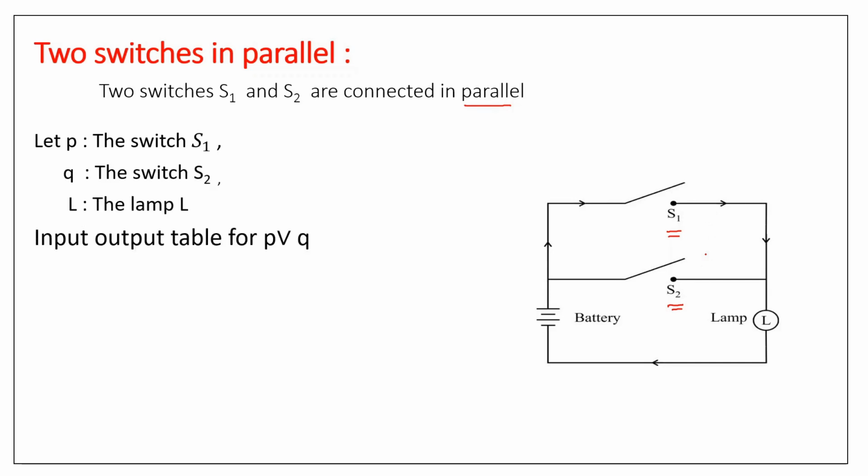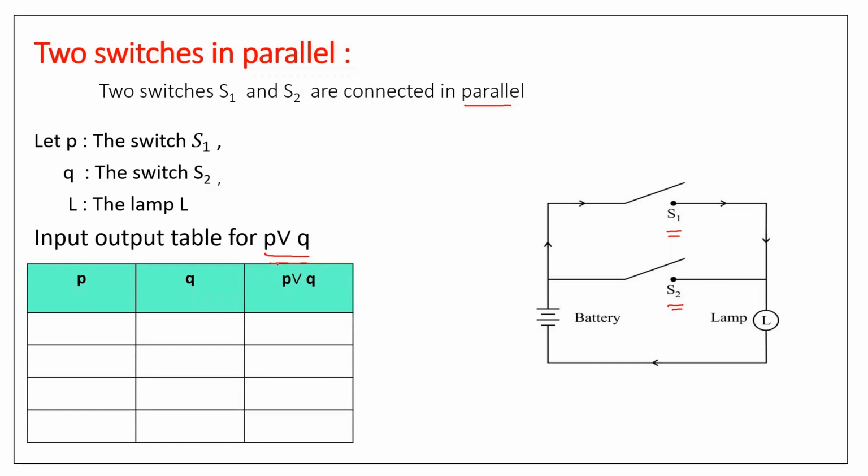Now the input output table for P or Q. Compare this with the disjunction table. First column P, second Q, and third column P or Q. Again we take P as 1 1 0 0 and Q as 1 0 1 0.